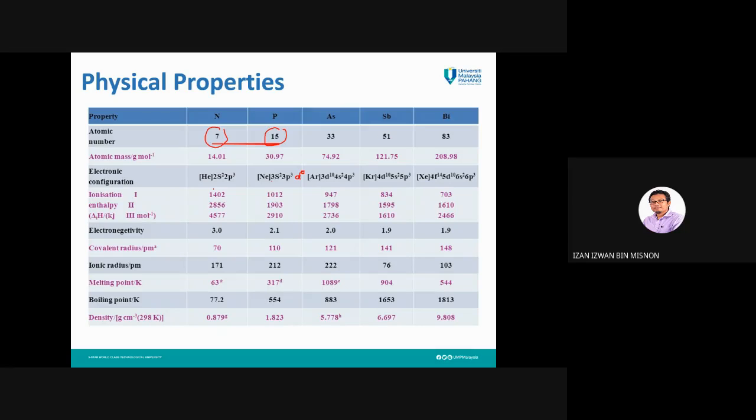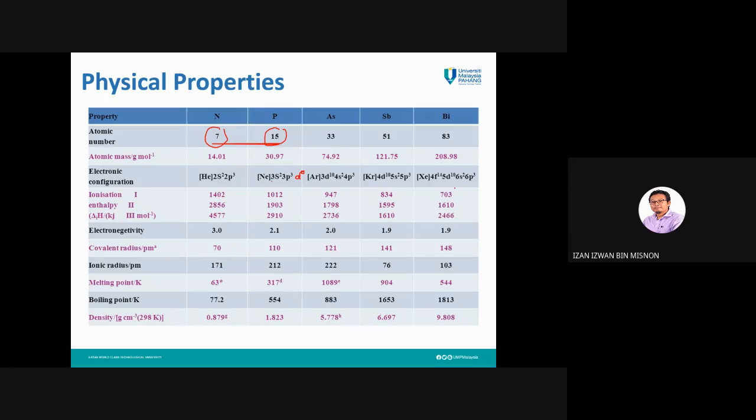For the ionization enthalpy, the first ionization enthalpy is lower compared to the second and the third. It shows a similar trend: removing 1 electron requires smaller energy, and it increases when we want to remove the second and third electrons. However, going down the group from nitrogen to bismuth, the ionization energy is decreasing.